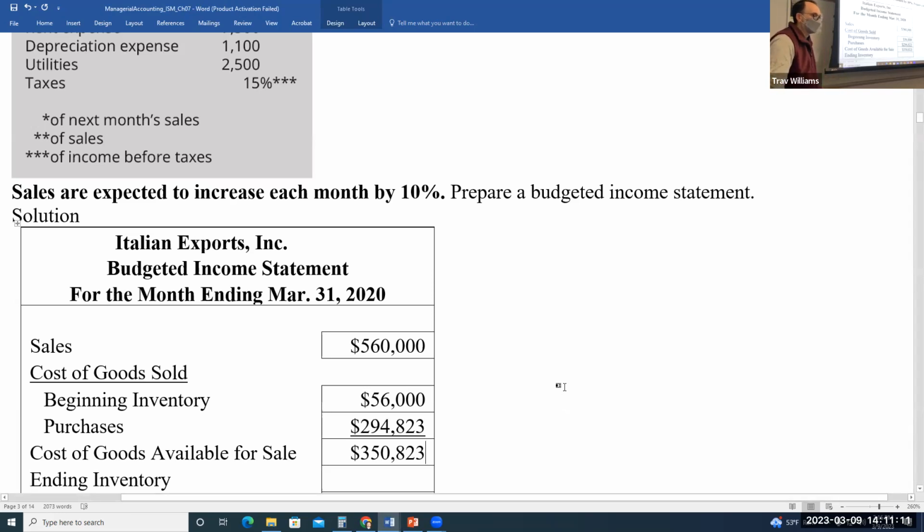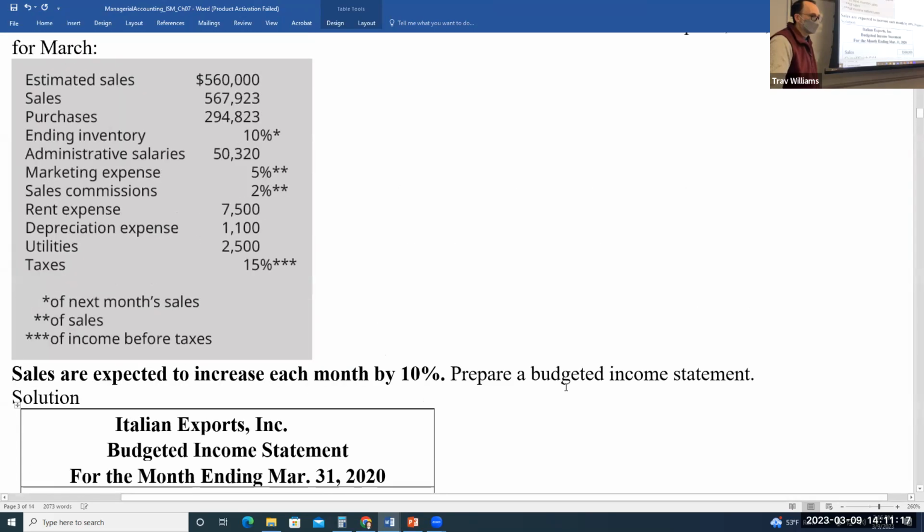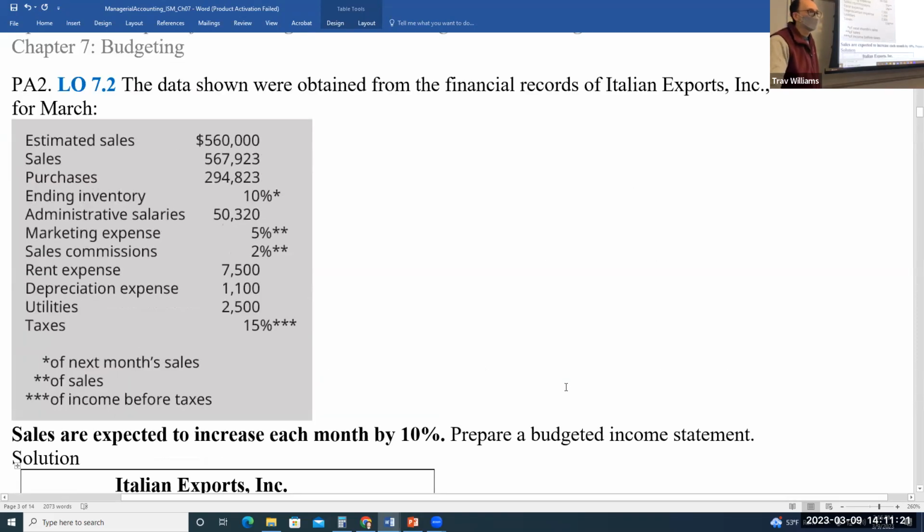Okay, now we have to figure out ending inventory for March. So that means we need to know April's sales. So we could then take 10% of April, right? How do we figure out April sales?